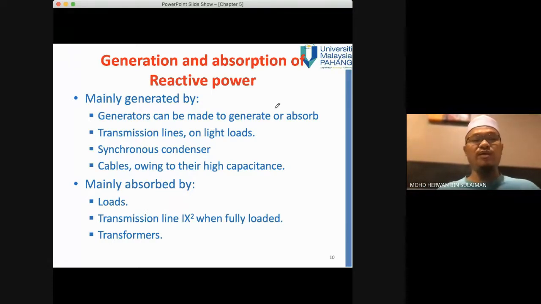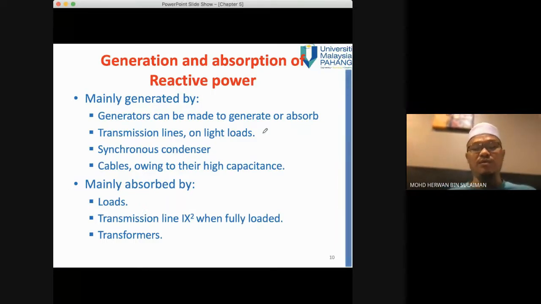It means that when it has a negative value, the system has extra reactive elements or reactive values. So what needs to be done is that you can absorb. That's why negative will be absorbed by the generator. Generator can generate and absorb.